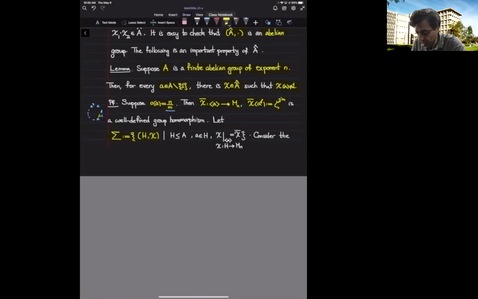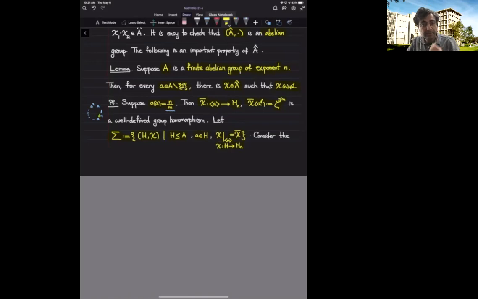So this essentially belongs to the dual of H. So I'm looking at the pairs H comma chi, where H is a subgroup of A, and this element A belongs to this subgroup. Moreover, when I restrict chi to this cyclic group generated by A, I get back chi bar. So this is a group homomorphism, and I have this property. So sigma is such a set.